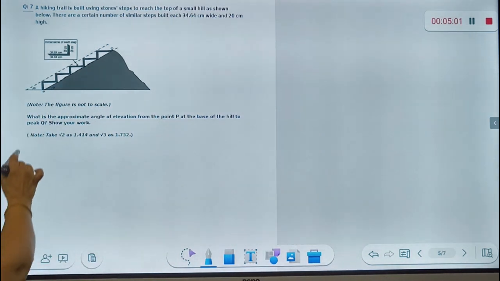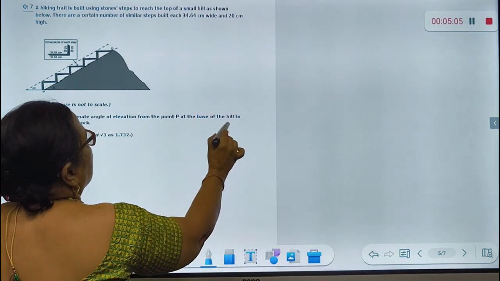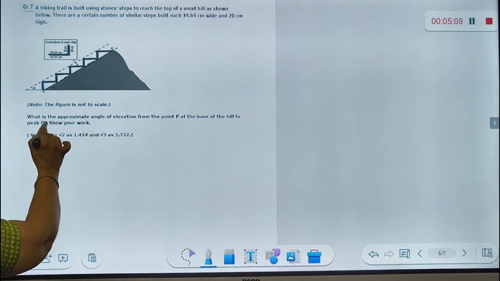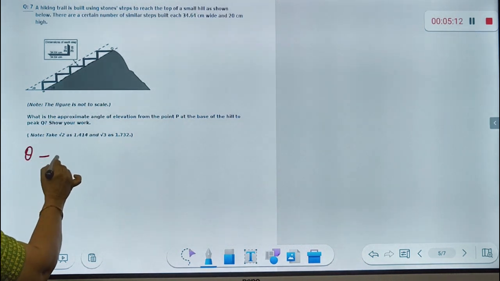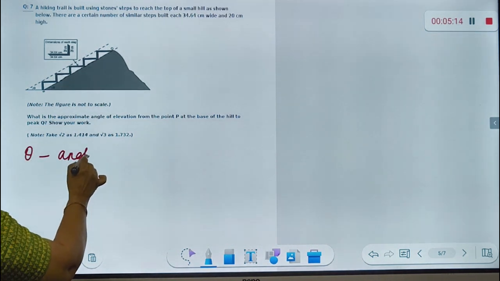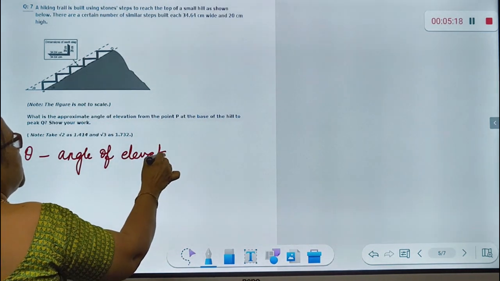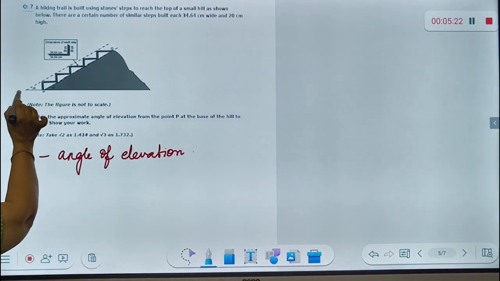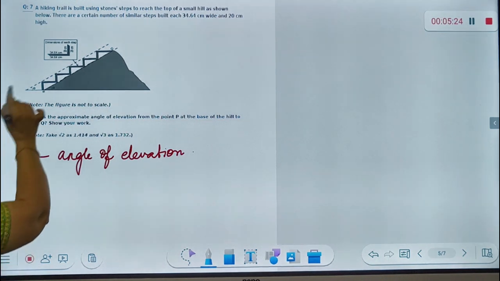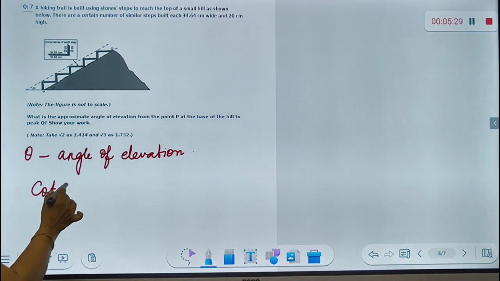The question is, what is the approximate angle of elevation from the point P at the base of the hill to the peak Q? Let theta be the angle of elevation. So we need to find what is theta. We know the height and we also know the width. So height is 20, the width is greater, so I'm going to look at cot theta.